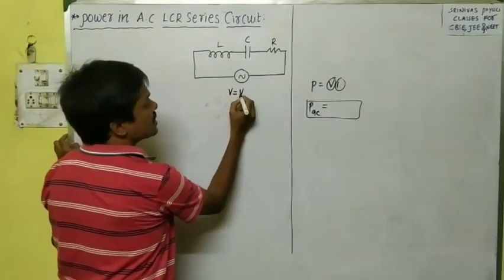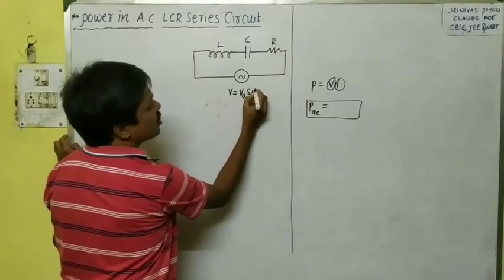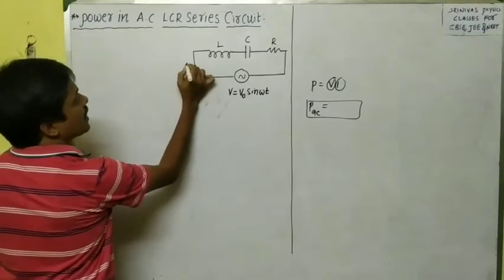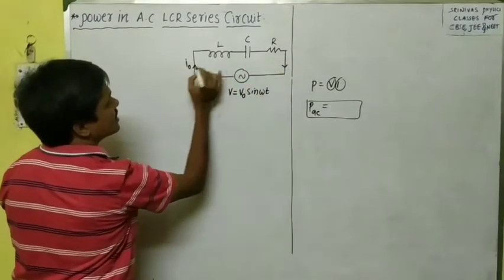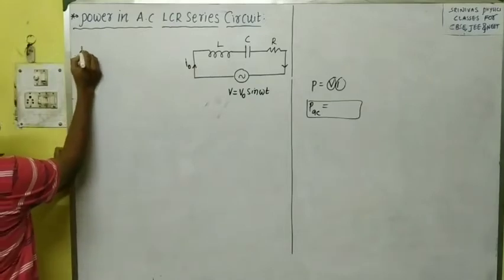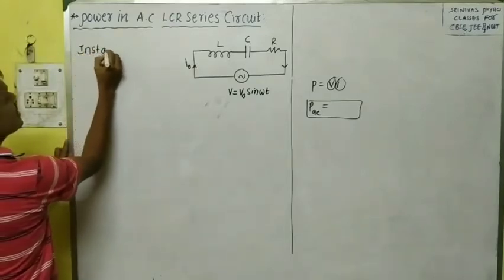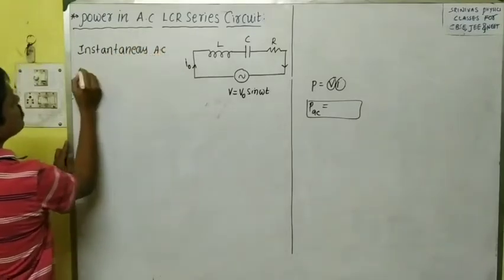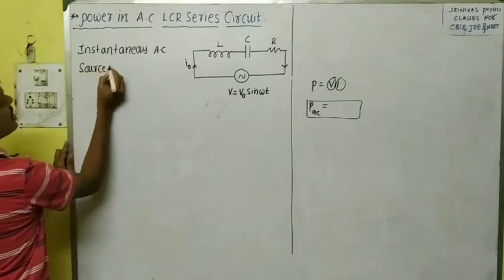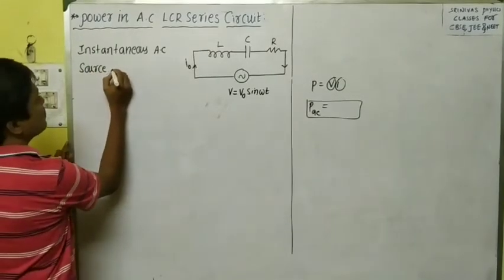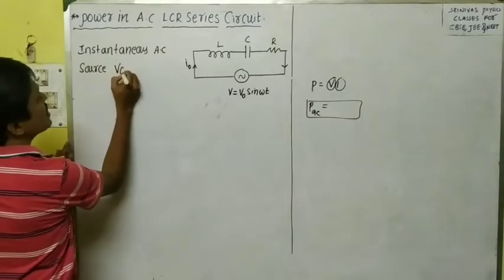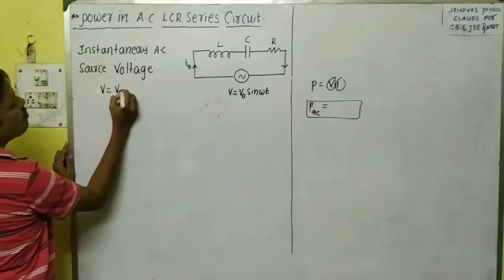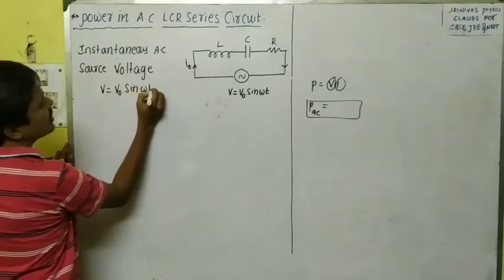For that purpose, the source voltage is V0 sin omega t, where V0 is the peak value of voltage. The peak value of current we can consider as I0. Now the instantaneous AC source voltage, right? Instantaneous means voltage at any instant of time. Instantaneous AC source voltage is V equal to V0 sin omega t.